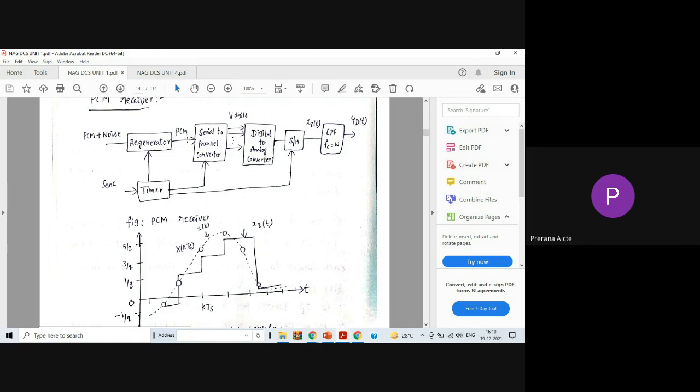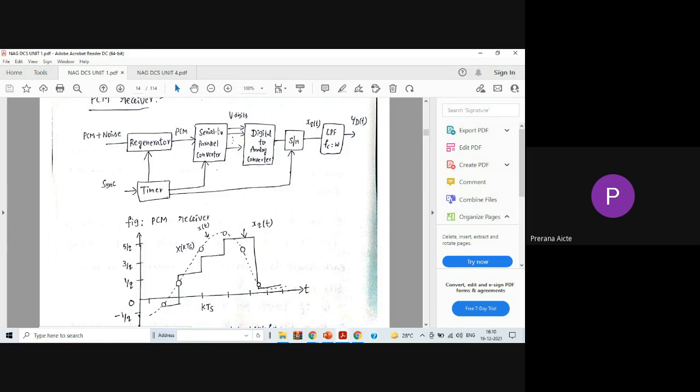So it is applied to the serial to parallel converter. Why? Because here we are getting the data 1 0 0 and 0 1 0, right? So that serial data we are giving to the parallel converter. Let's assume I am giving the data as 1 0 0, then 0 1 0 1 0 1, and then 1 0 1.